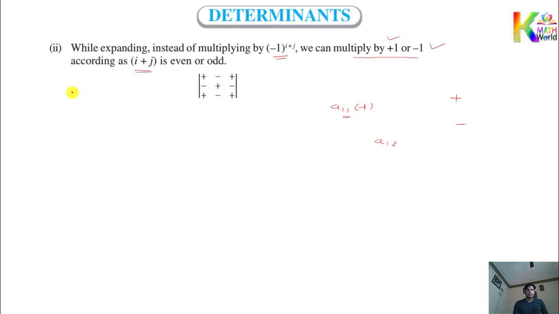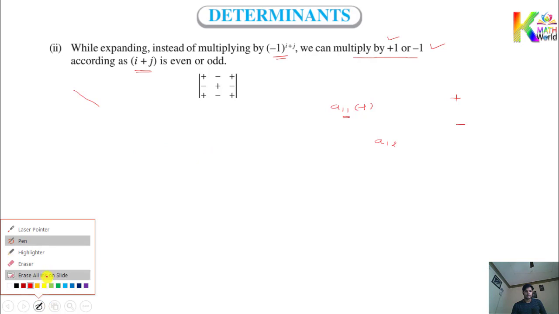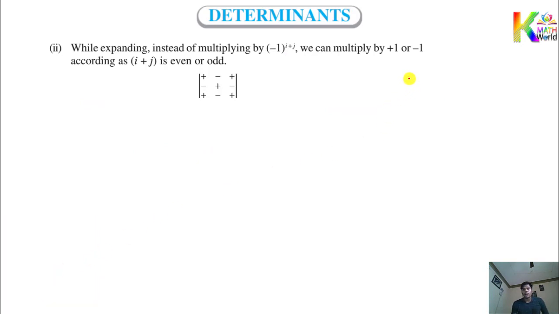How to remember it easily? For a 3 by 3 determinant, remember this sign: this position, this position, this position, this position, and this position. All these end points and this central point have a positive sign. You can see it: plus, plus, plus, plus, then plus. Between them put minus signs: minus, minus, minus, minus. So you get this structure. This way you can easily remember.